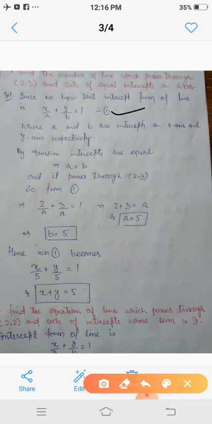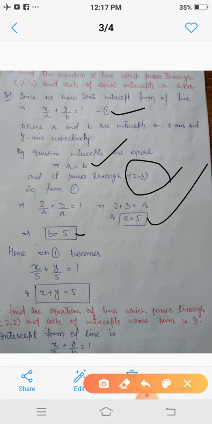Now by the question, intercepts are equal, means a equals b. Also it passes through point (2, 3), so x equals 2, y equals 3 should satisfy equation first. When it satisfies, we simply get a equals 5, which implies that b equals 5.